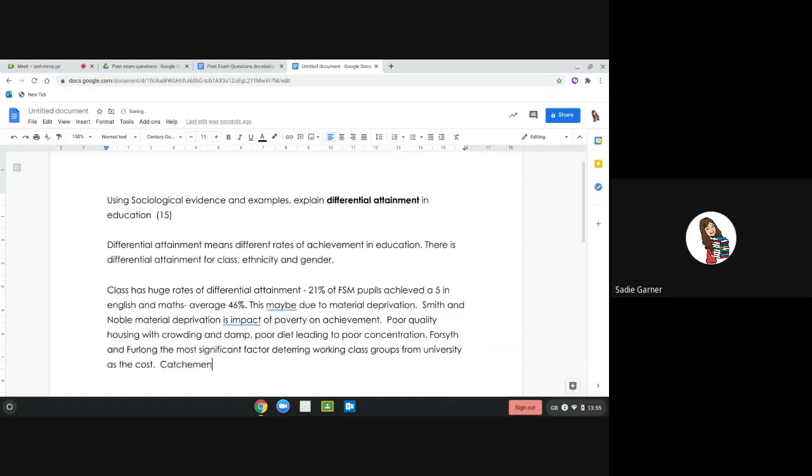And catchment areas mean some schools draw their pupils from socially deprived areas with higher crime and unemployment.